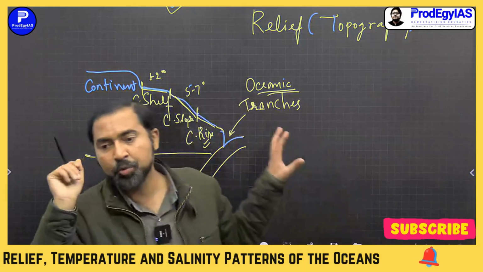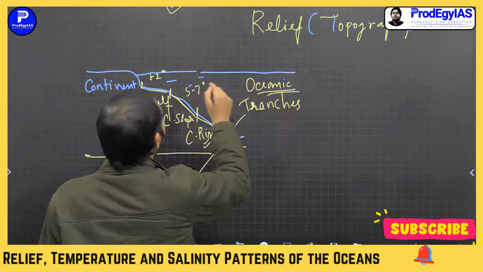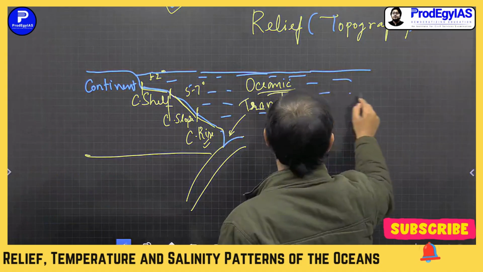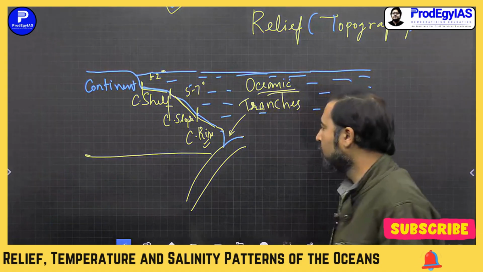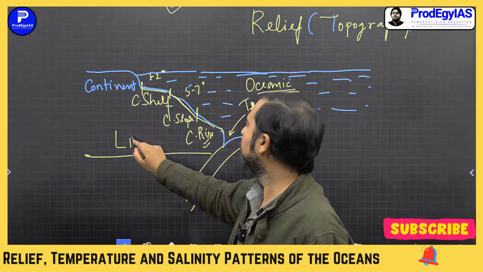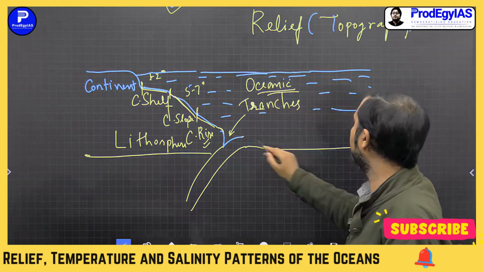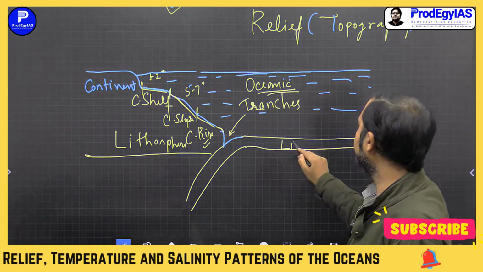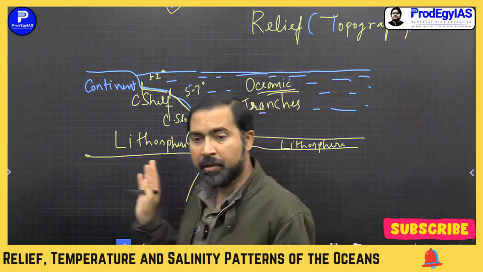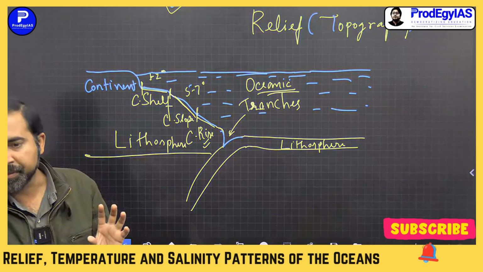That is why it is part of the ocean. Here water is all over. So this is your lithosphere. This is also lithosphere, right? This whole part is lithosphere. This layer of solid rocks is simply called lithosphere, right?